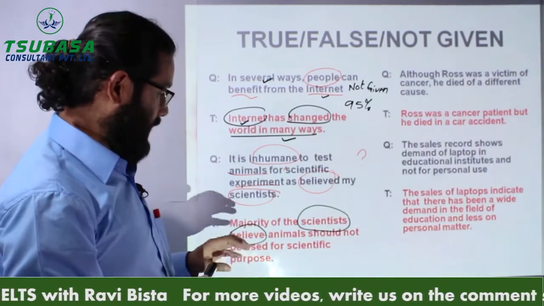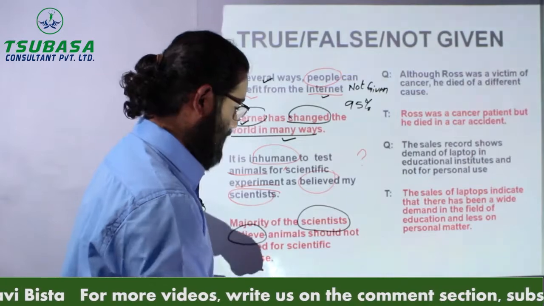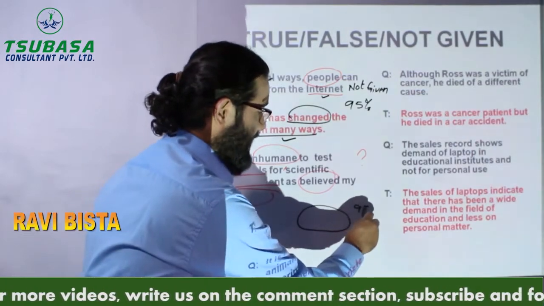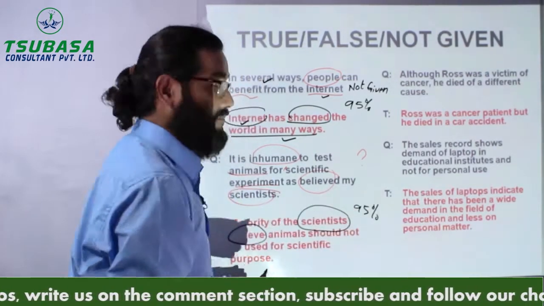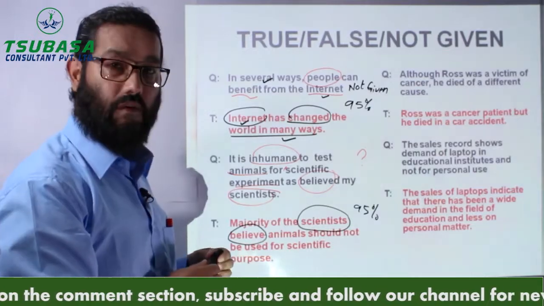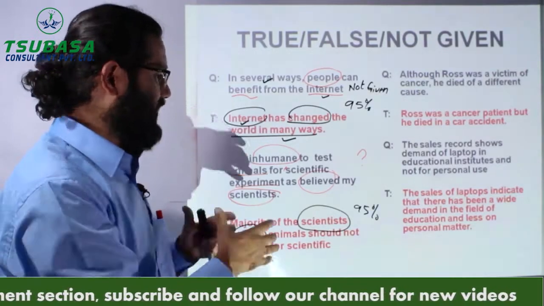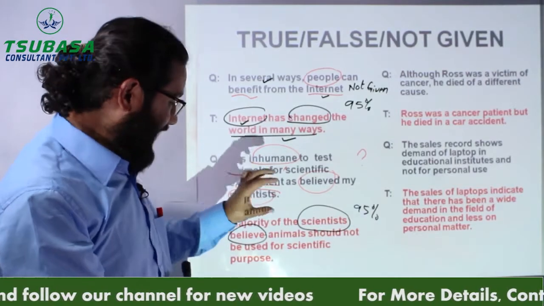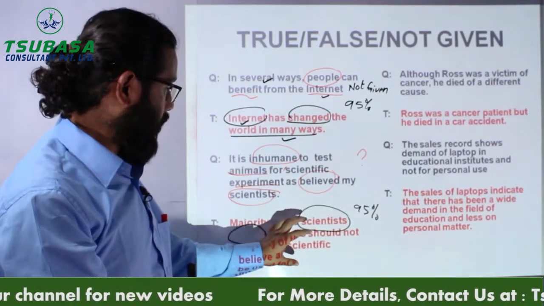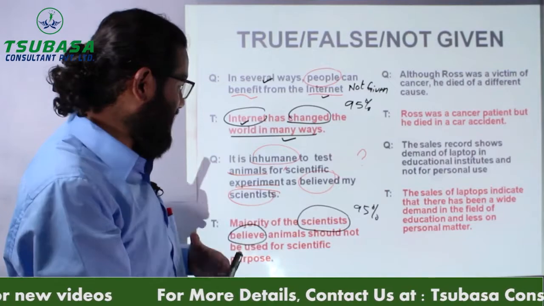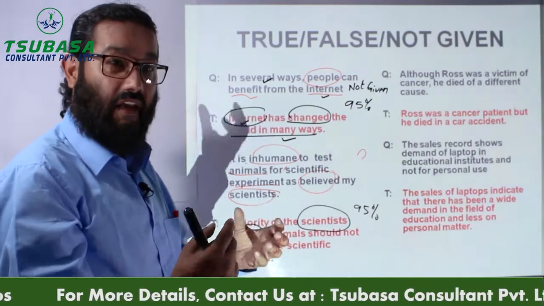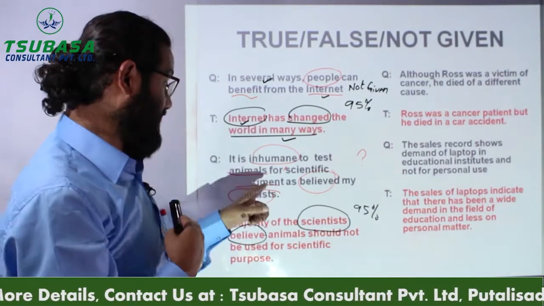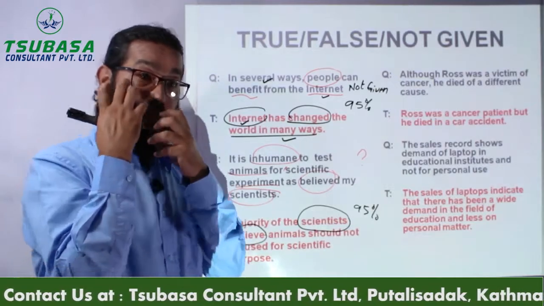Now, if you see again here, 95% of things are matchable. But what is completely different is that the text does not anywhere mention whether scientists say that it's humane or inhumane. It does not give an idea. Here it says scientists have given the idea that it is inhumane.